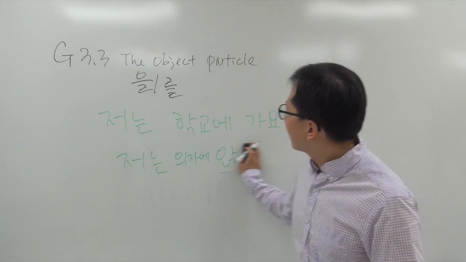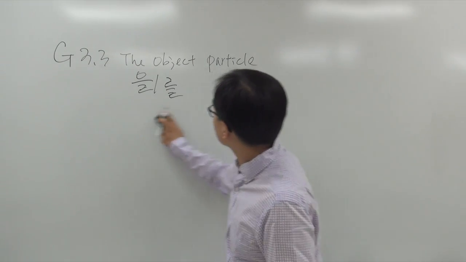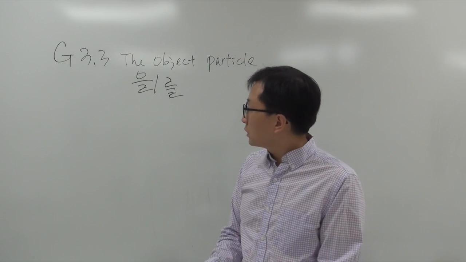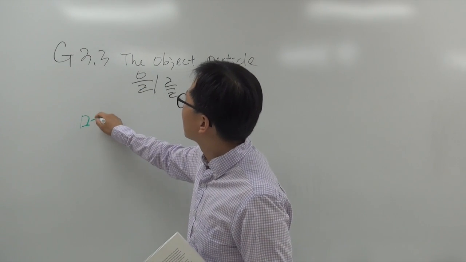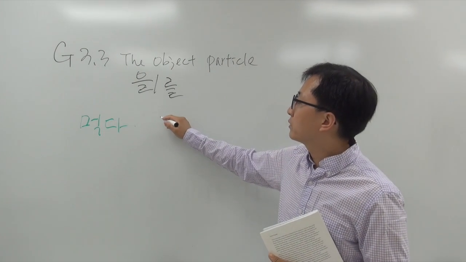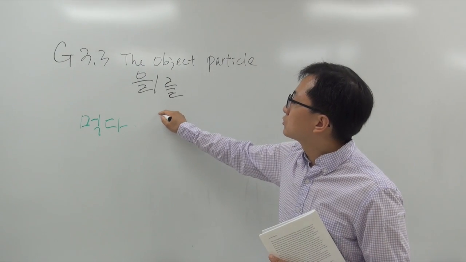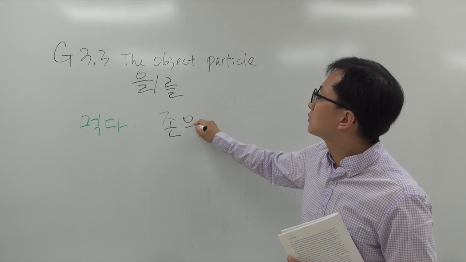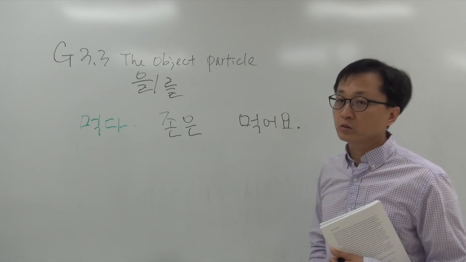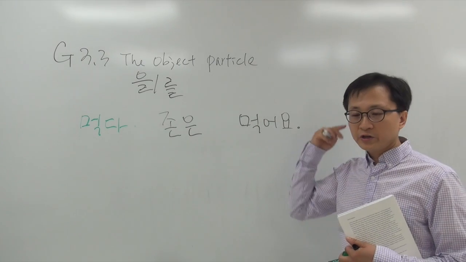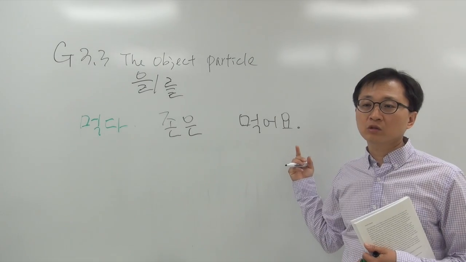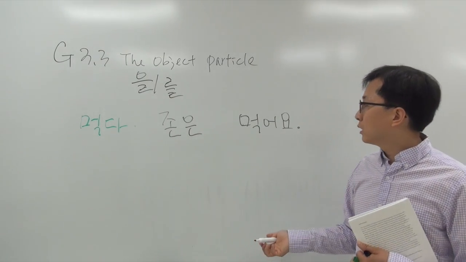But some verbs require an object. Let me give you some examples. Let's say 먹다. You are saying 저는 먹어요. If we hear this, you may be curious what he is eating. 저는 뭐 먹어요?